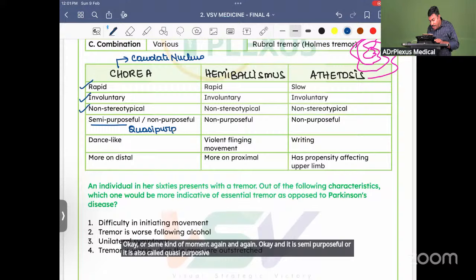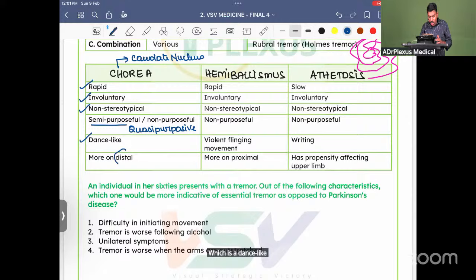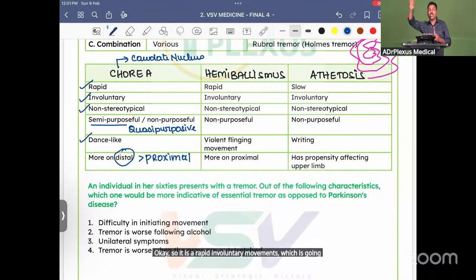That is, it looks as if the patient is going to do something, a dance-like movement, more on distal and also in proximal muscles. So it is a rapid involuntary movement, like this. This is called chorea.